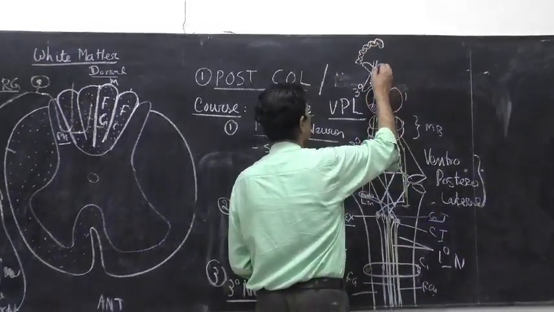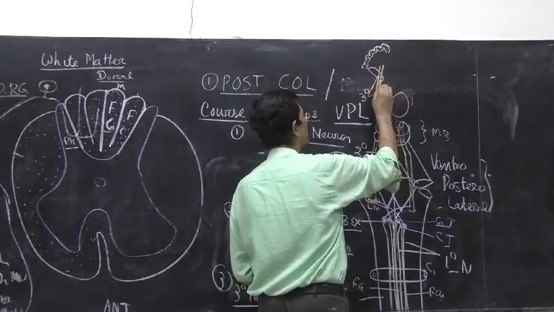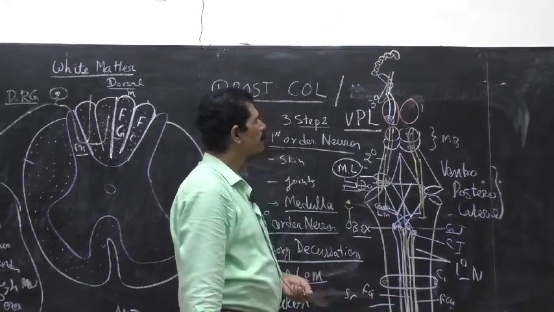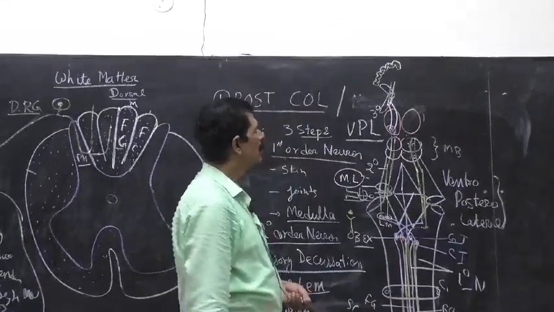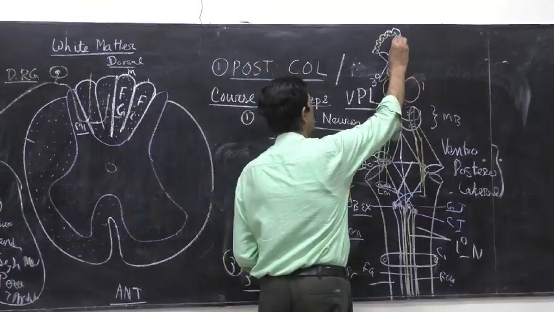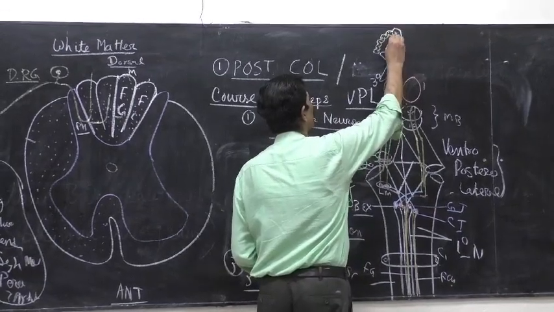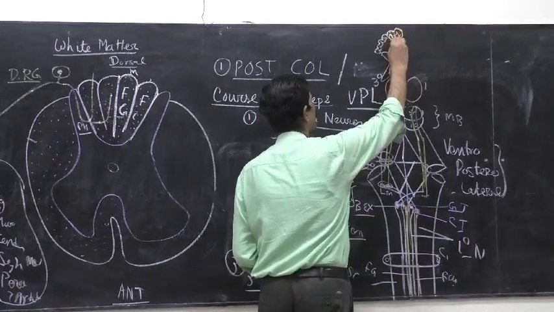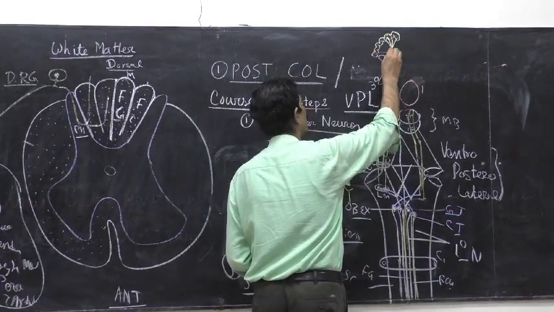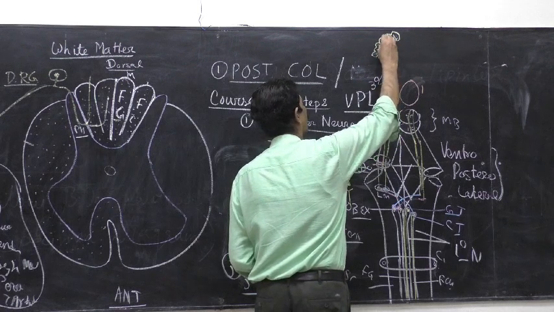So we know the medial fibers are from the upper half of the body, lateral fibers from the lower half of the body. So from the lower half of the body, they relay in the lower limb and abdomen area, while the upper half ends in the head, neck, upper limb and thorax.